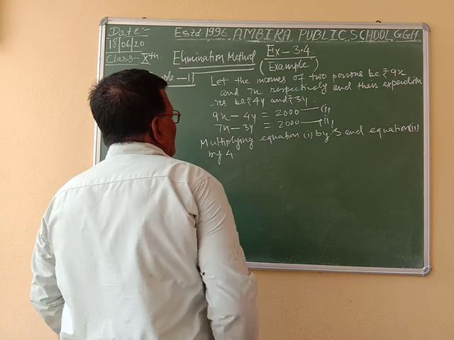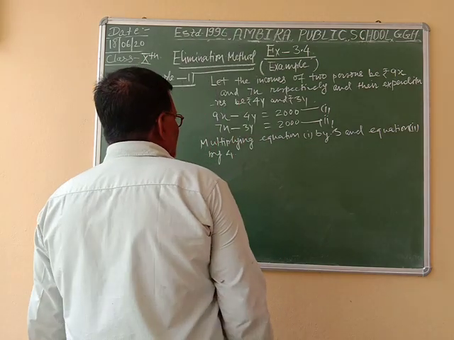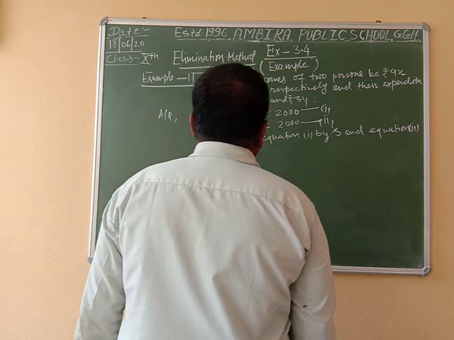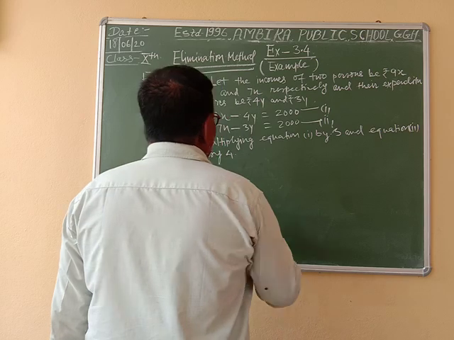So to make them equal, we multiply equation 1 by 3 and equation 2 by 4.